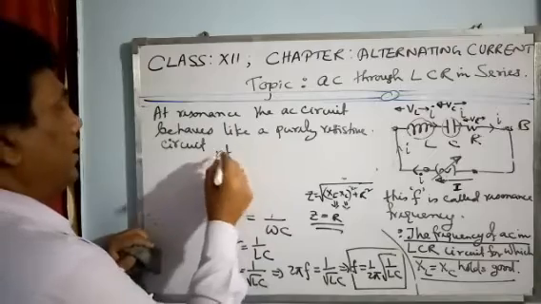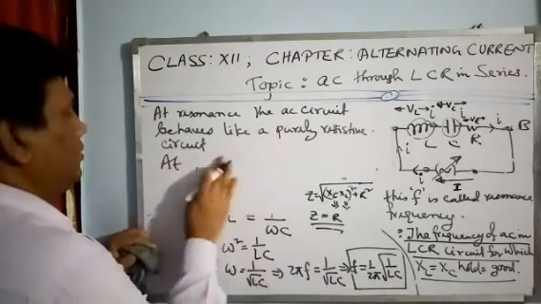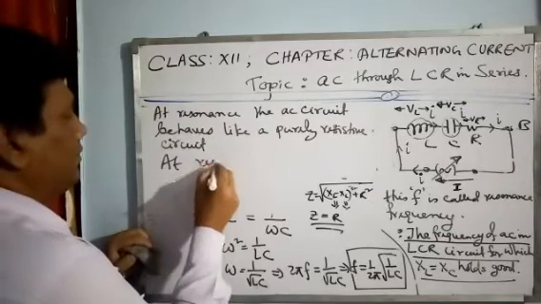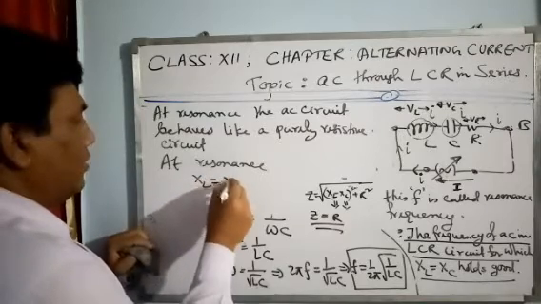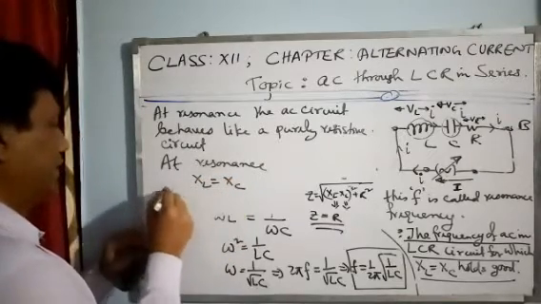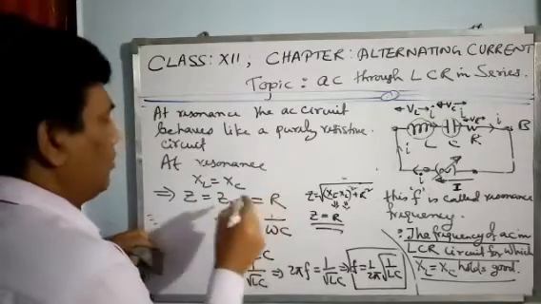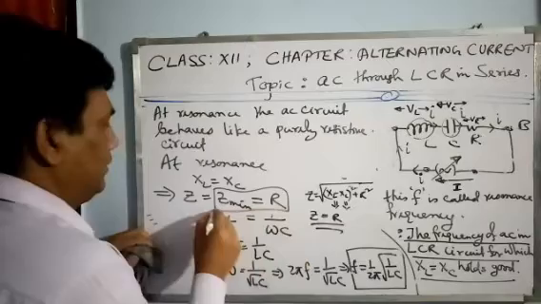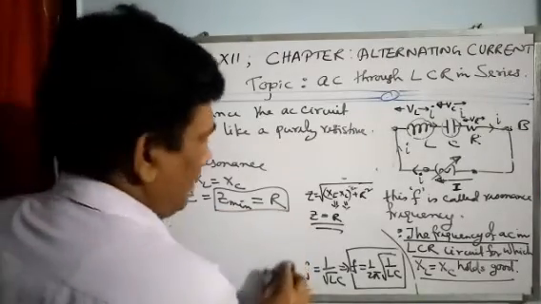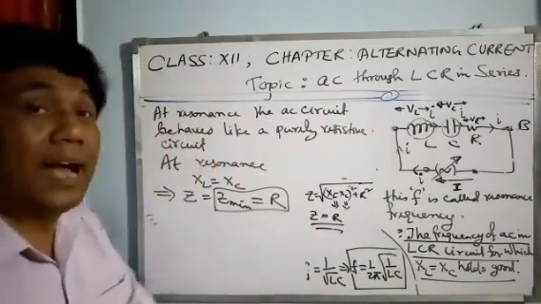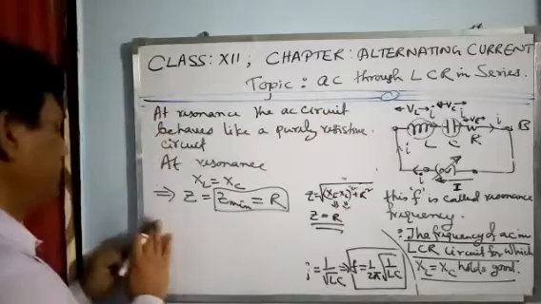At resonance, XL equal to XC means Z equal to Z minimum, which is equal to R. The circuit will have the minimum resistance. If the resistance is minimum, so current will be maximum.